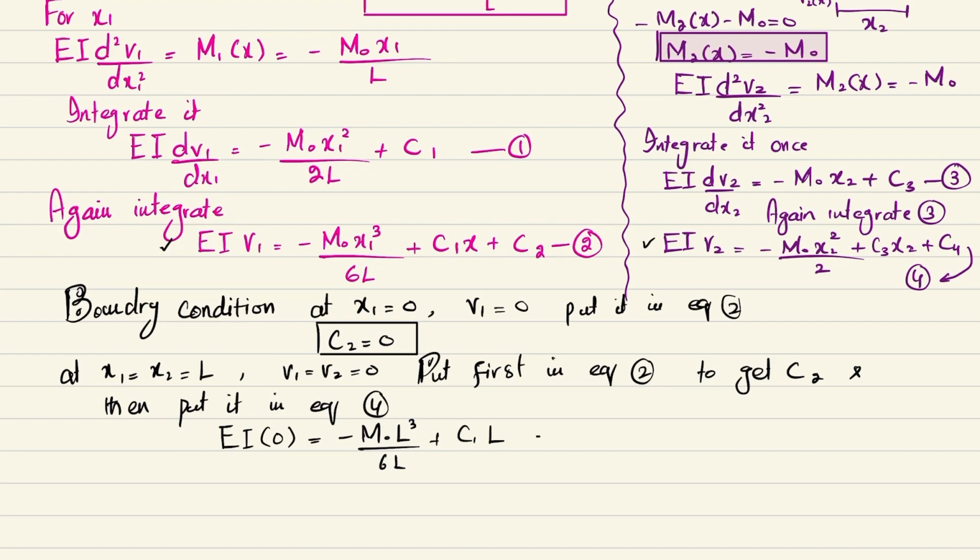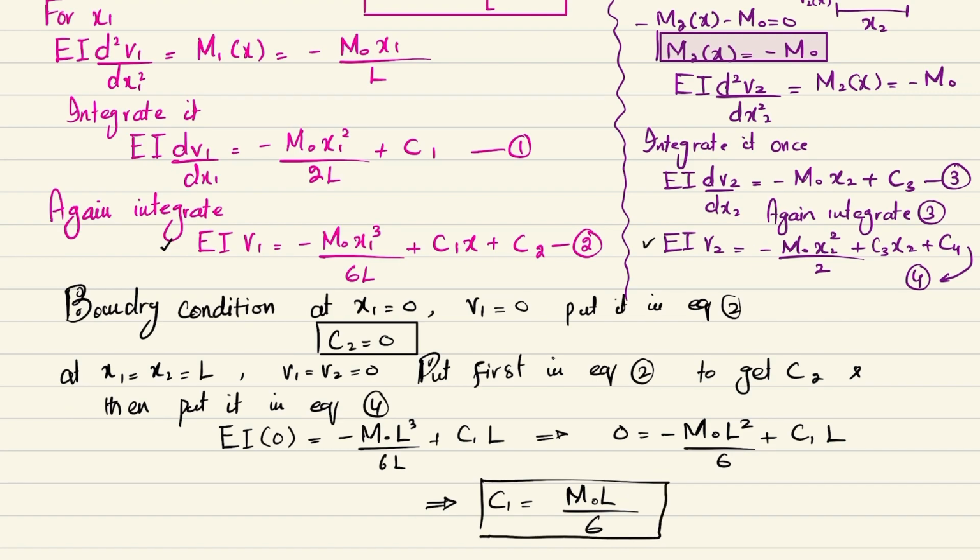So you will get from here 0 is equal to minus m naught L square over 6 plus C1 L. So when you calculate C1, C1 will be equal to m naught L over 6. This is the value of C1. So we have C2 and C1.